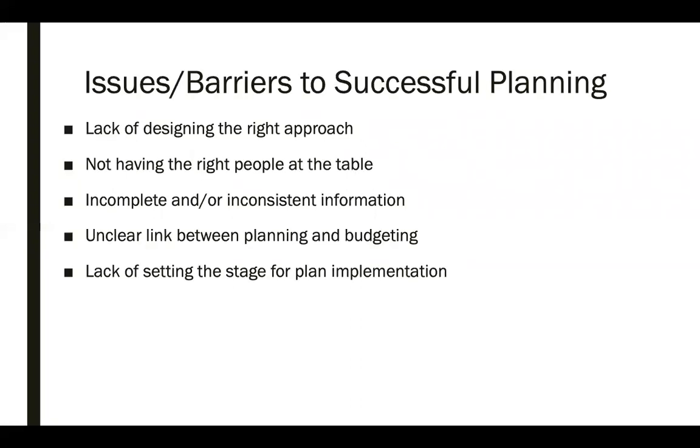So, issues and barriers to successful planning: lack of designing the right approach, not having the right people at the table, incomplete or inconsistent information, unclear link between planning and budgeting, lack of setting the stage for plan implementation.